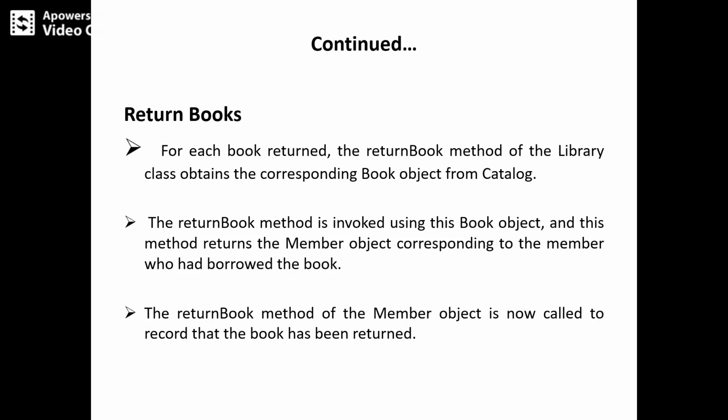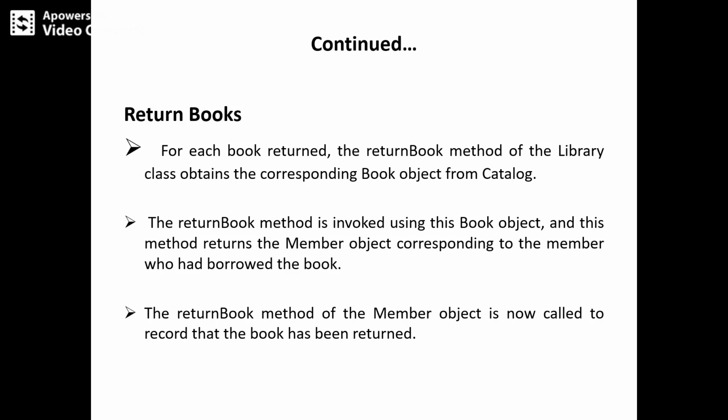This method returns the member object corresponding to the member who had borrowed it, those who have borrowed that book. So we need to check the book object with the book ID, return book.